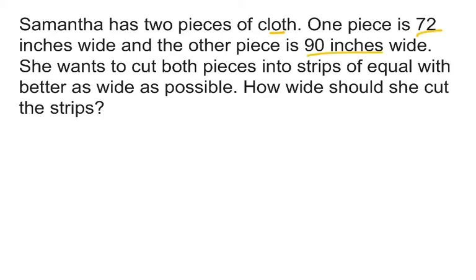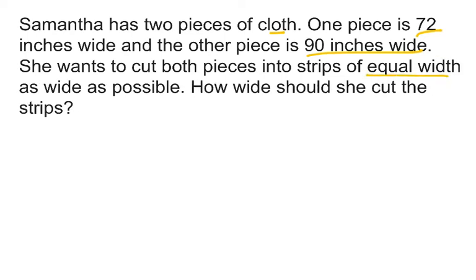So let's underline important information, or you can highlight important information. She wants to cut both pieces into strips of equal width as wide as possible. How wide should she cut the strips? So we want all the strips to be equal. We also want them to be as wide as possible.